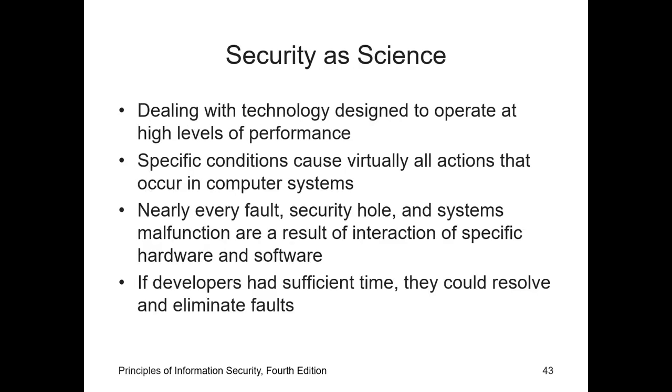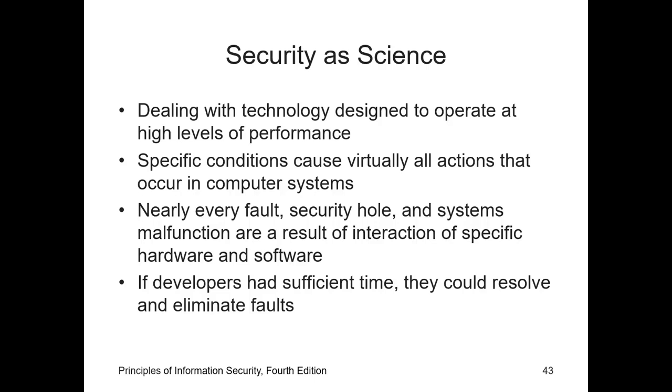At the same time, we consider the implementation of information security as a science that has been developed by computer scientists and engineers, a technology designed to perform at rigorous levels of performance. In addition, there are some scientific conditions that cause all actions that might happen in computer systems.